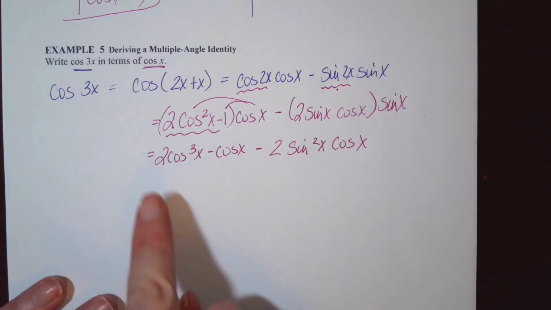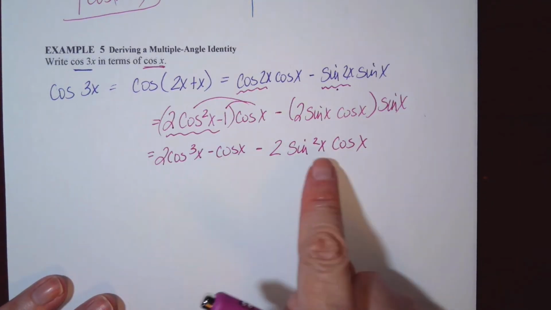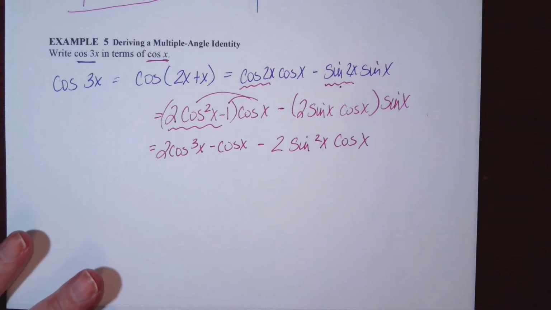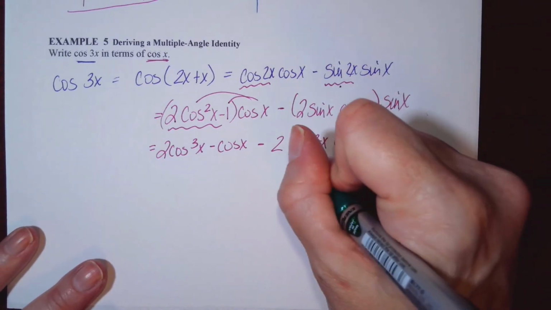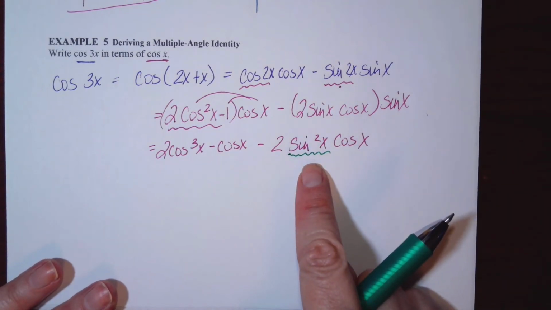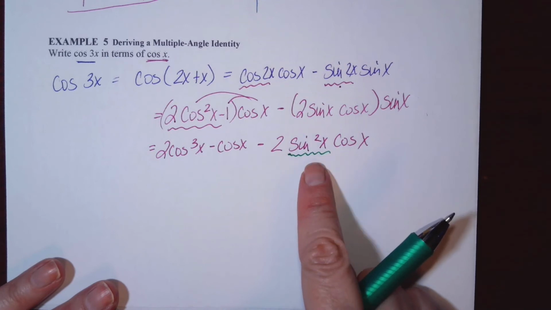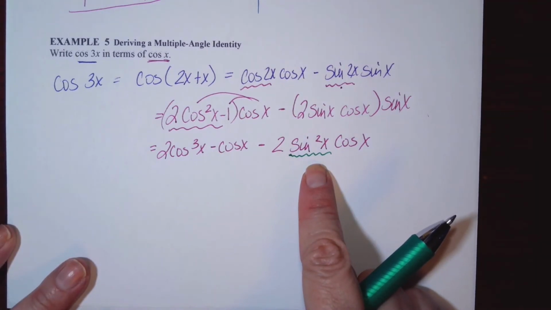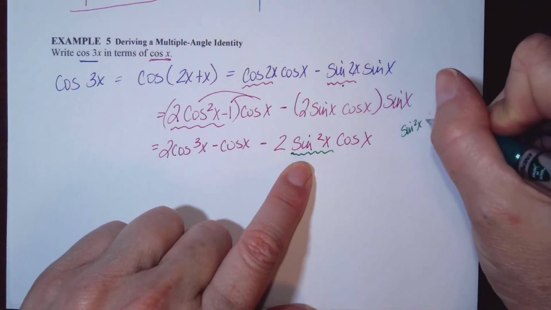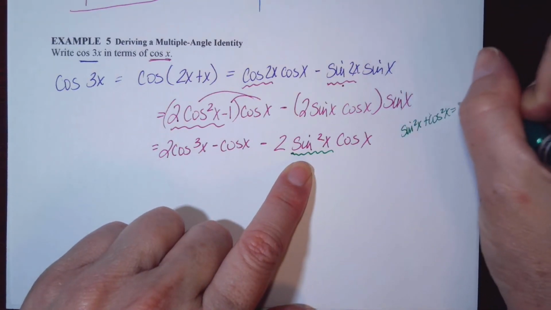Well, we have almost everything we need. Our arguments are just x. We don't have any double angle arguments. But I do still have a sine function here. In fact, it's sine square. So I need to get this sine square out of there and get it just in terms of cosine. I'm going to use my Pythagorean identity here, sine square x plus cosine square x equals 1.